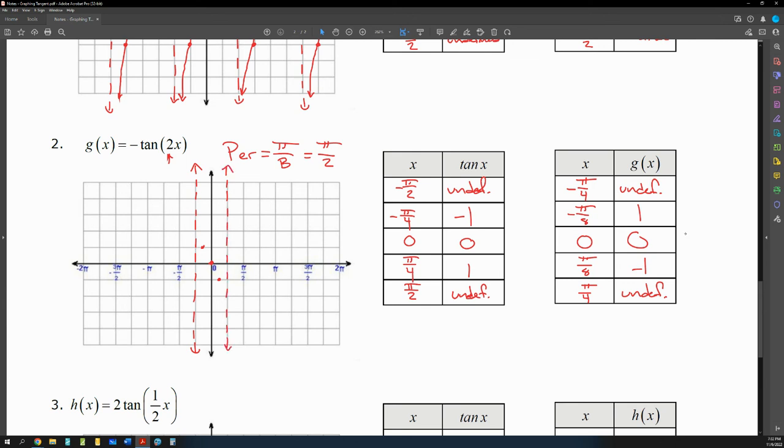So you can see one cycle here. You can see that it's compressed horizontally by a factor of 2. We've squeezed that tangent function together. And then we've also got that reflection over the x-axis. It's now oriented differently. It's flipped over the x-axis. Okay, so let's go ahead and repeat this pattern. We've got asymptotes every 2 increments on this graph here.